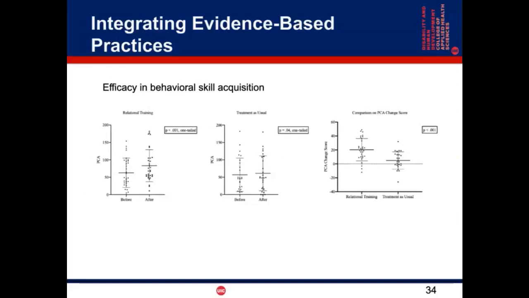On each of these slides that I'm going to show you, on the left panel we have the treatment group, in the middle panel is the control group, and on the right panel is kind of a comparison of the two. So on the left-hand side here, what we see is a before and after image. Each one of these little dots is depicting a child, and the larger bar in the middle is the average.